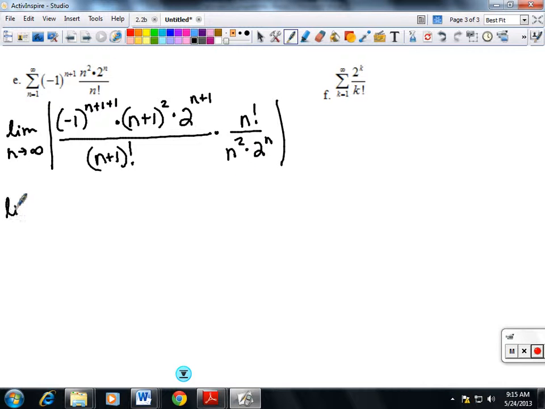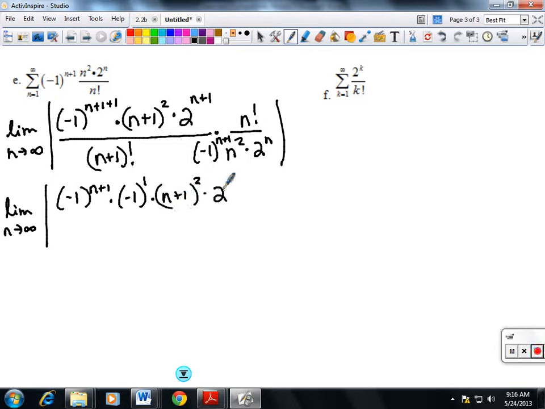So that's the limit as n goes to infinity of, oops, I lost my -1. My -1 should go to the bottom: -1 to the n plus 1. Okay, so I've got -1 to the n plus 1 times -1 to the 1 times n plus 1 squared times 2 to the n times 2 to the 1 times n factorial over.